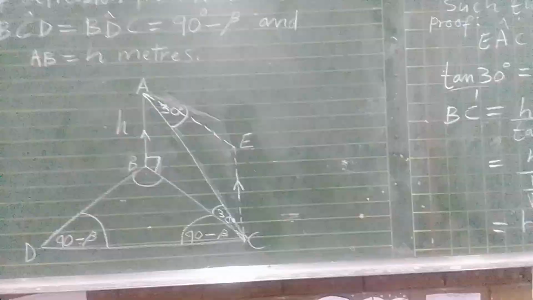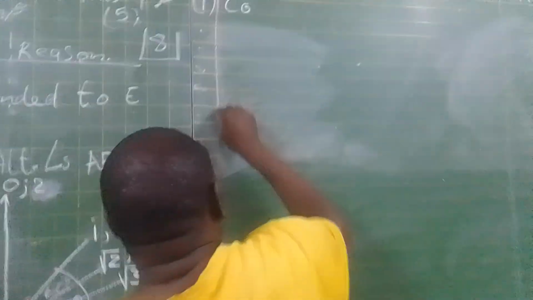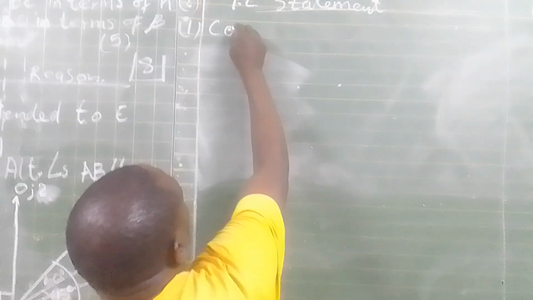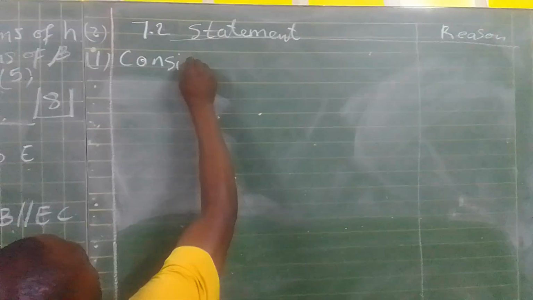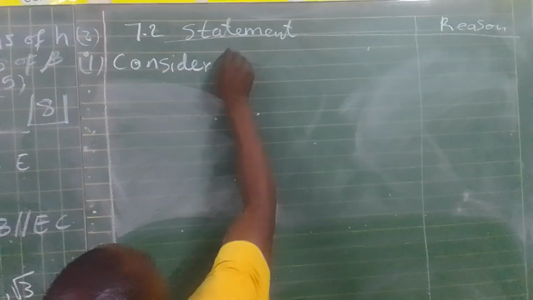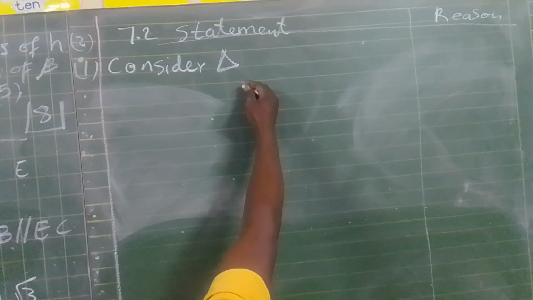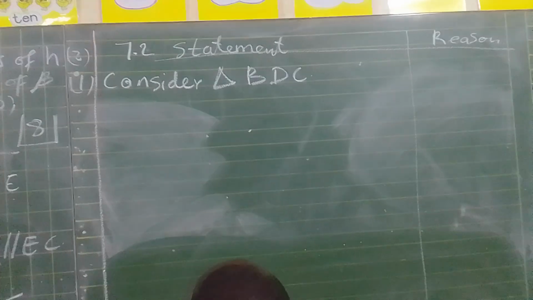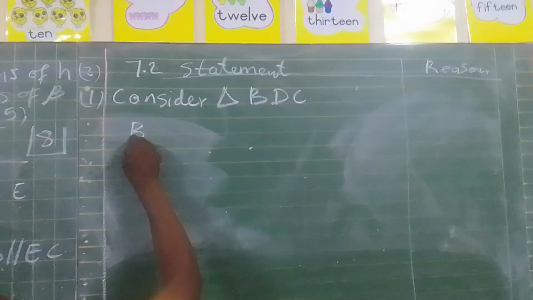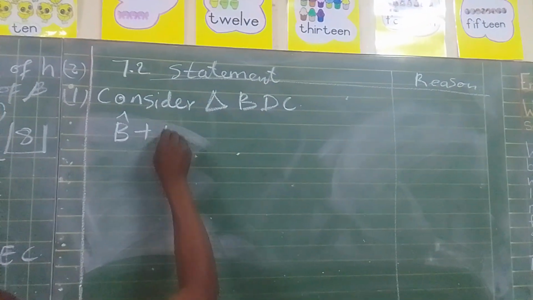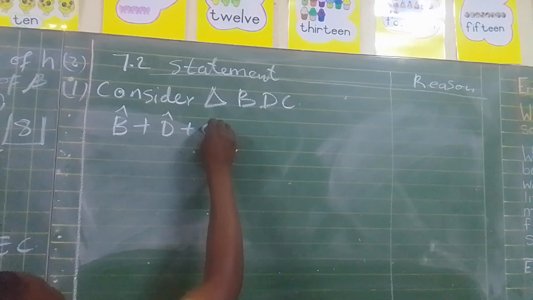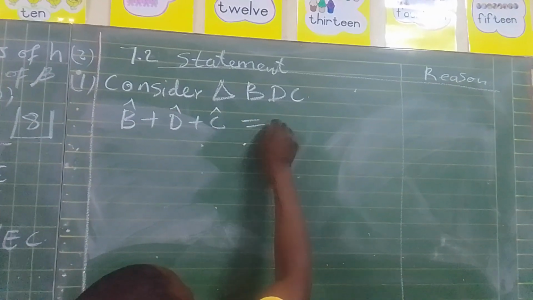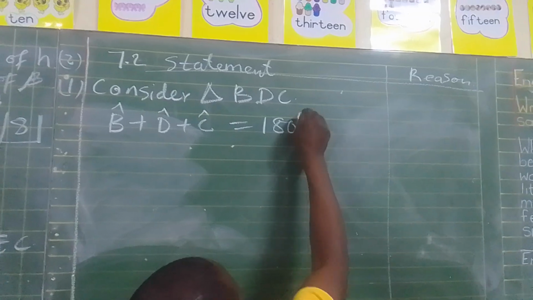So we say consider triangle BDC. Angle B plus angle D plus angle C is equal to 180 degrees.